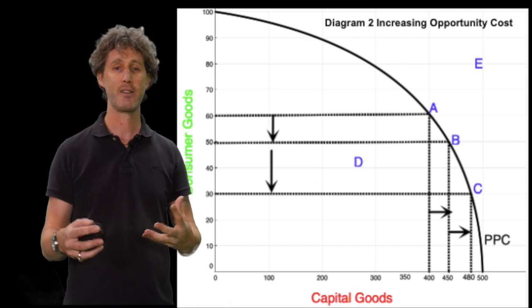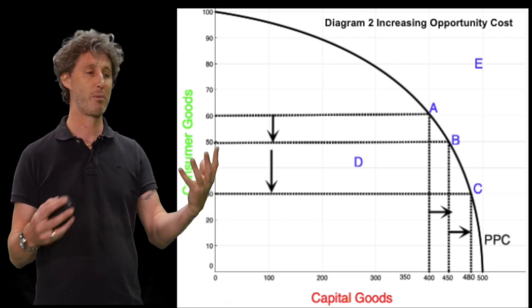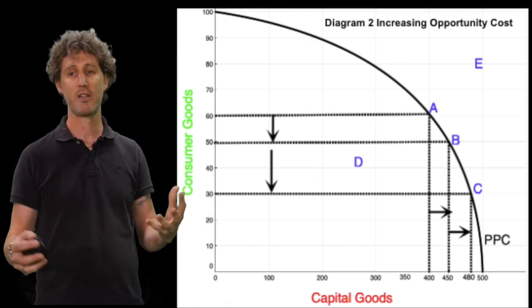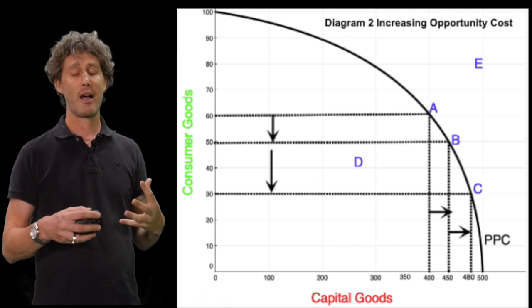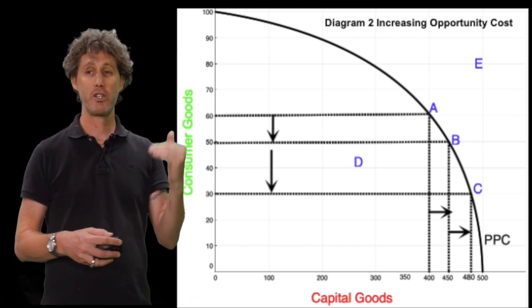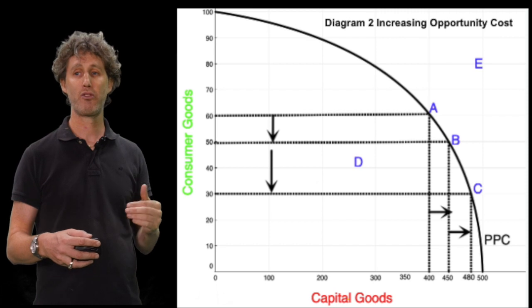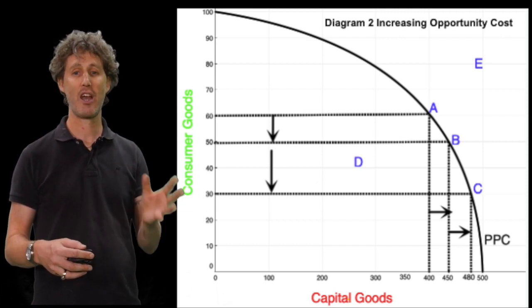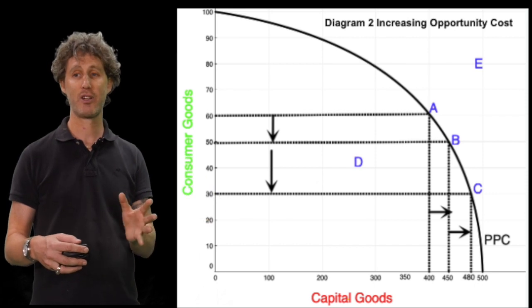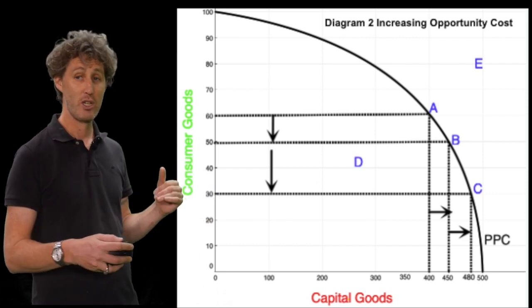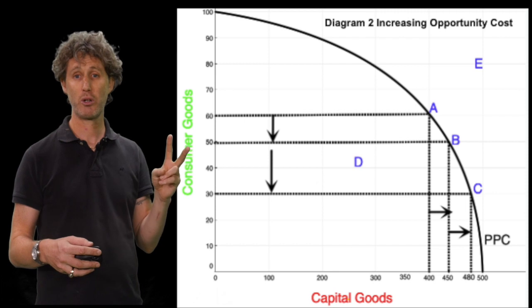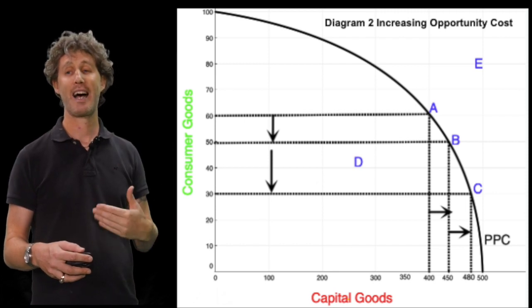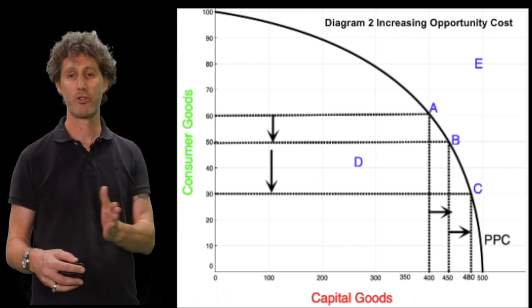Perhaps not all the land can be used to grow goods that firms need. And as a result, opportunity cost starts to increase. So when we move from B to C, the opportunity cost ratio increases. So we gain now 30 extra capital goods, but we lose 20 consumer goods. So the opportunity cost has increased as we move closer to the end.